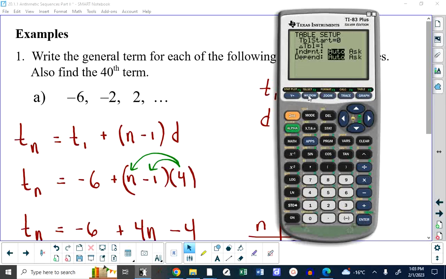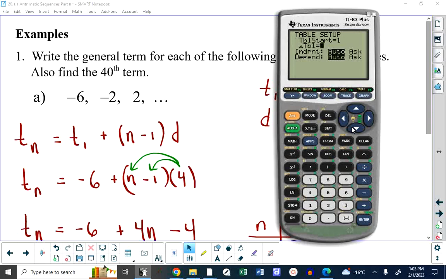And I'm going to start at x equals 1. I'm going to have my delta table, which means how much x is going to go up by every time. I'm going to set that at 1. And I want to set everything else on automatic. And I suspect if you've never used your tables before, that's what it says. Are you with me on that? Everybody's caught up here on your calculator?